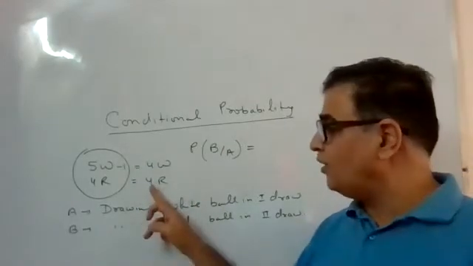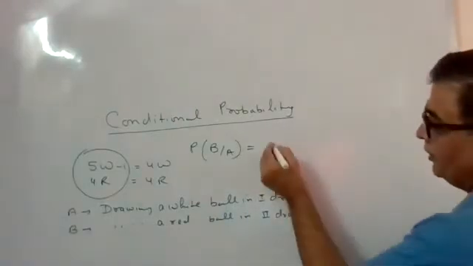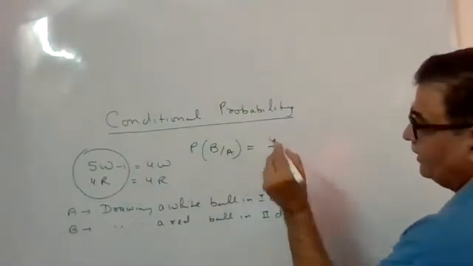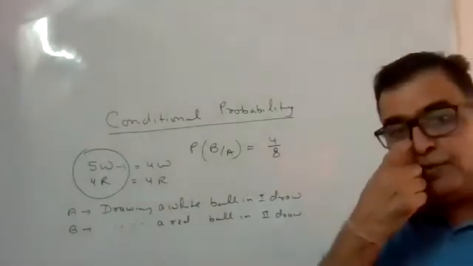So what are the chances of a red ball? 4 out of a total of 8. So the probability comes out to be 4 by 8. This is called conditional probability.